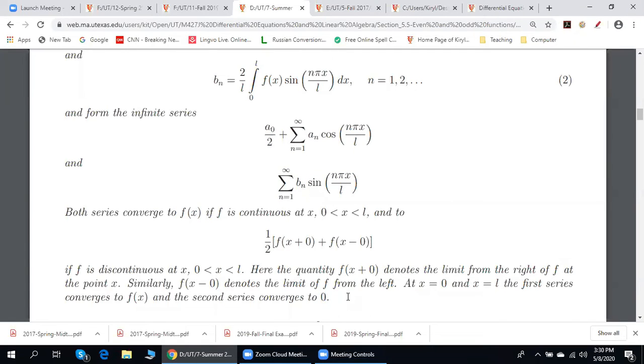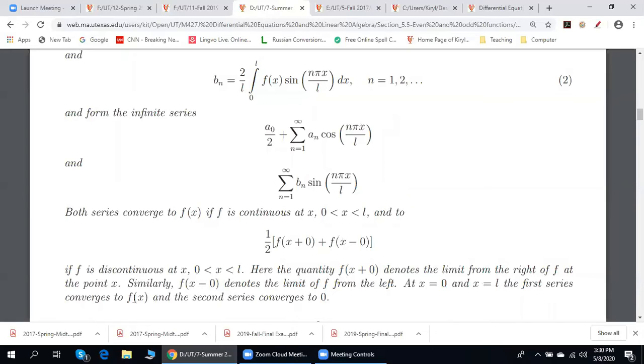Folks, now questions. So the two series are equal only inside the interval but not at the endpoints? Yes, very good point. So series number 1 converges to f of x if x is 0 or L. Series number 2 converges to 0.